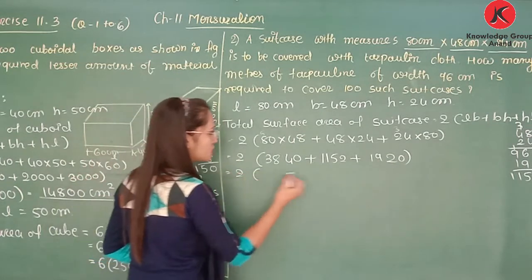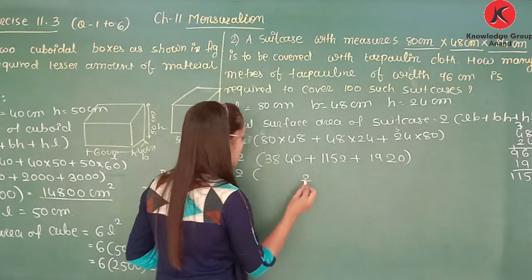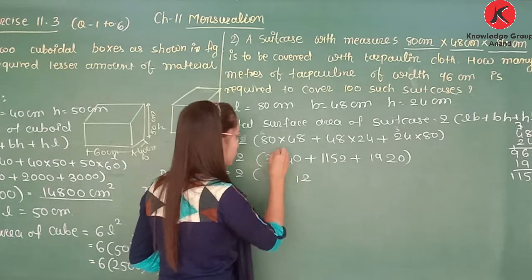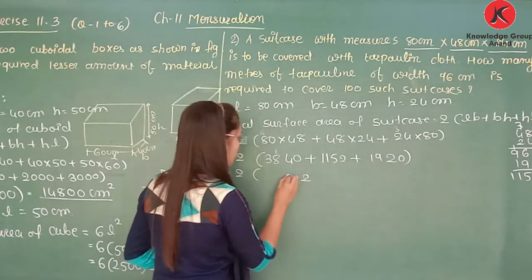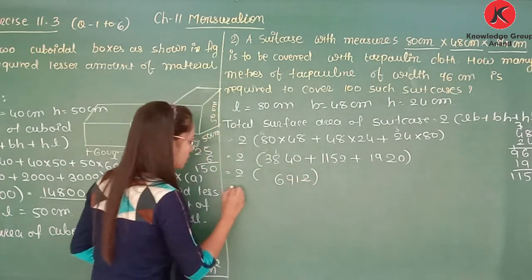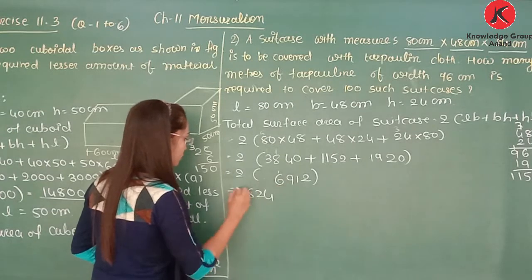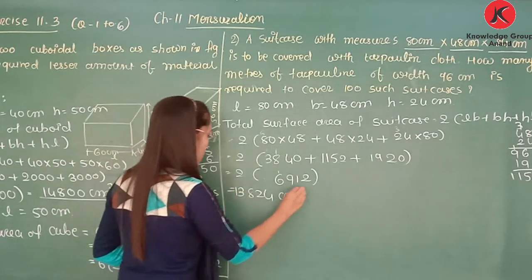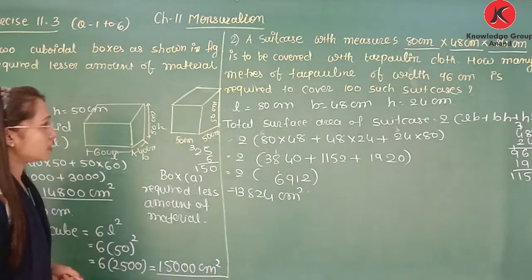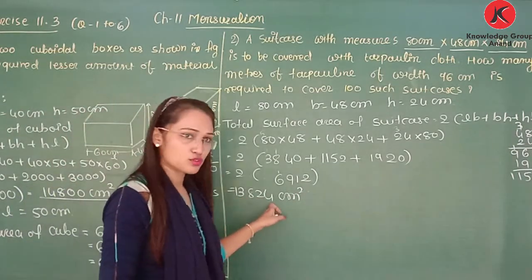So now add this, and it is 6912. So that is 13,824 centimeters square. That is the surface area for one suitcase.